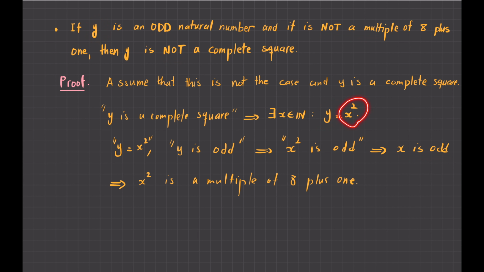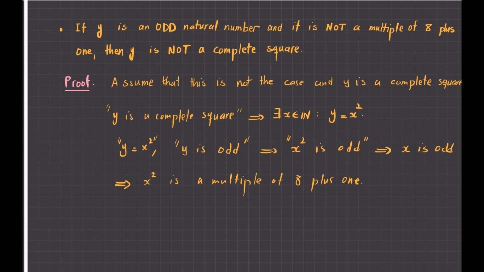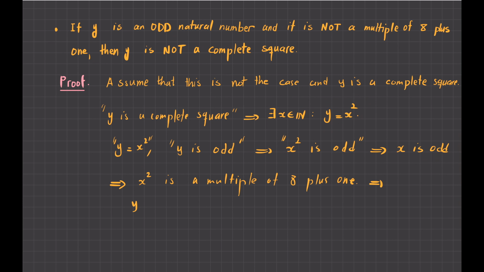But what does it mean? x squared is the same as y. When x squared is a multiple of 8 plus 1, it means y, which is equal to x squared, is a multiple of 8 plus 1. Yes, but this is a contradiction.